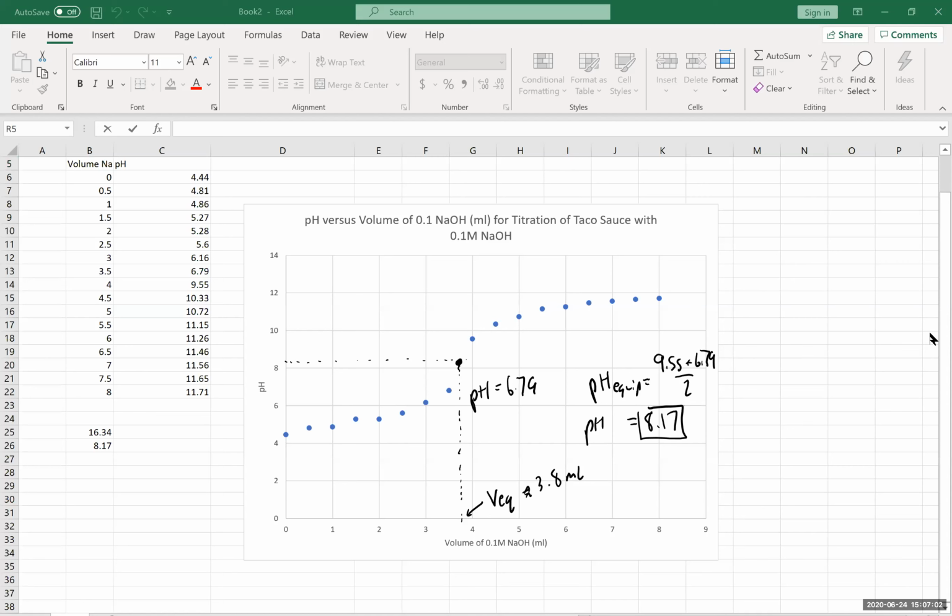For those who collected their own data set, are your calculations looking pretty similar?